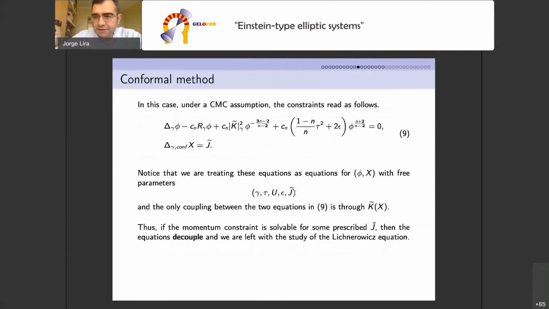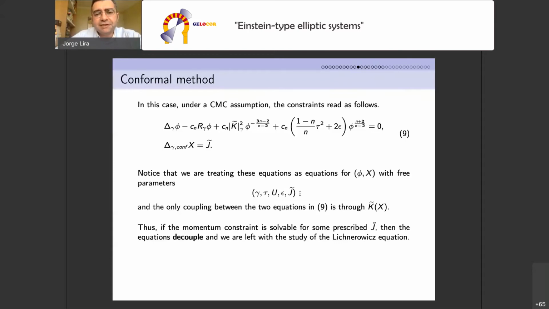You can freely prescribe the initial metric in M, the mean curvature in M, this free part of the second fundamental form U, and the two last terms here that correspond to the matter fields, the restriction of these matter fields to M, which is the initial surface. So those are the terms you have.